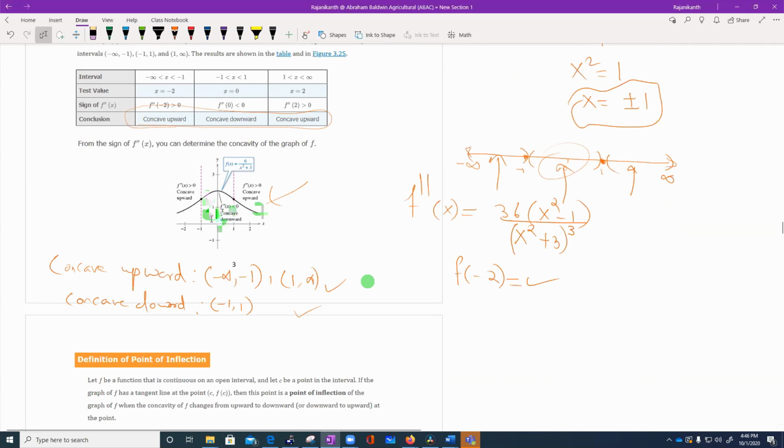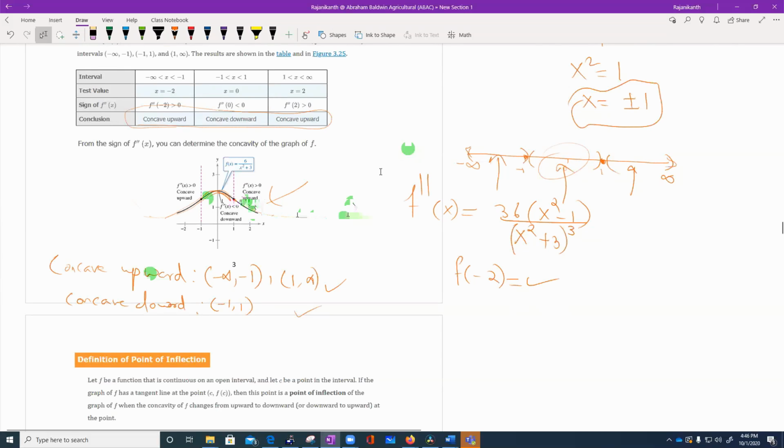From negative 1 to 1, my function is this piece facing down, so concave down. And from negative infinity to negative 1, the function has this piece facing upwards. Therefore, it is concave up. Again, from 1 all the way to positive infinity, the function is again facing up. So, concave upwards. Very clear, right?